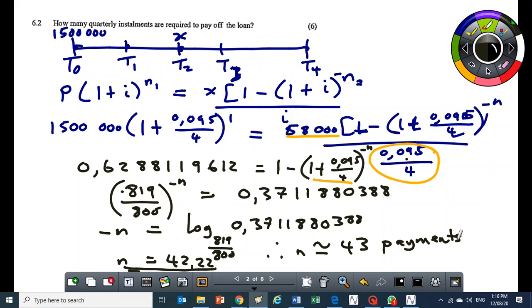So there are going to be 42 full payments. The final payment is not going to be of 58,000. So you need to make sure that you write that the final payment is going to be 43. The number of payments has to be an integer. It cannot be a rational number.